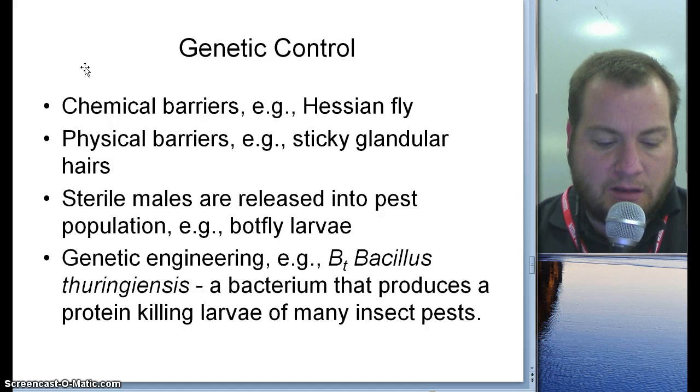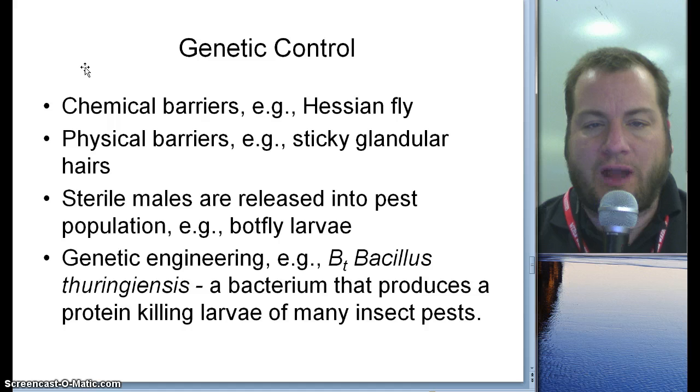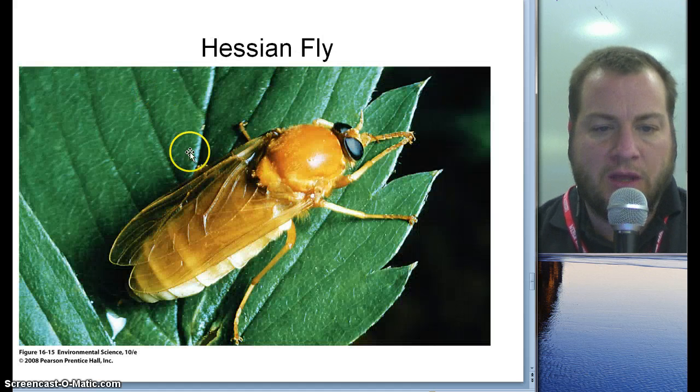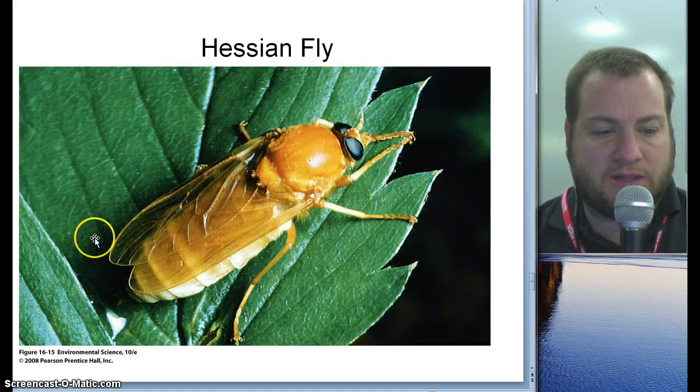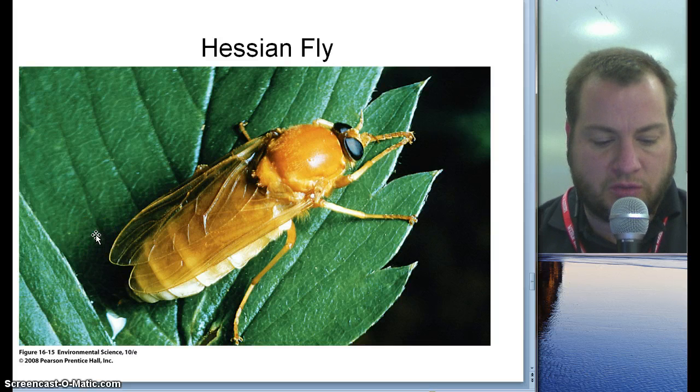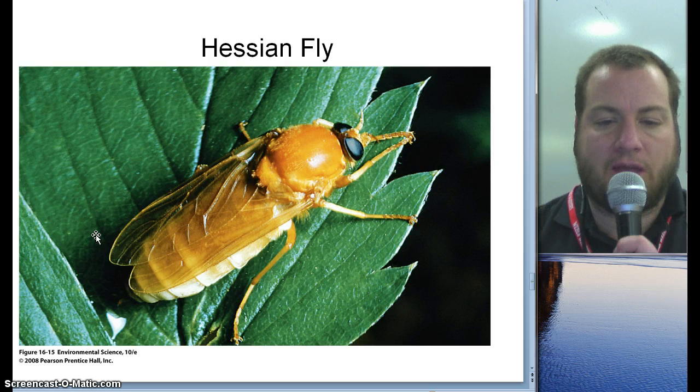Scientists have also had to develop, if we go back to the Hessian fly example, the Hessian fly has actually developed a resistance to the chemical that was being produced by this wheat. So scientists had to go back to the drawing board and develop new varieties that were more resistant to the Hessian flies.